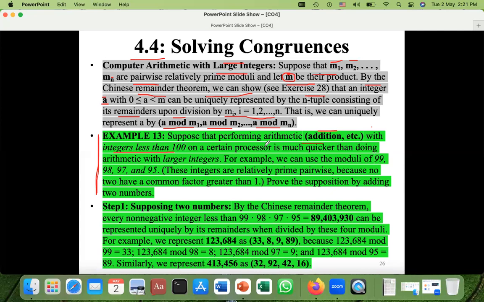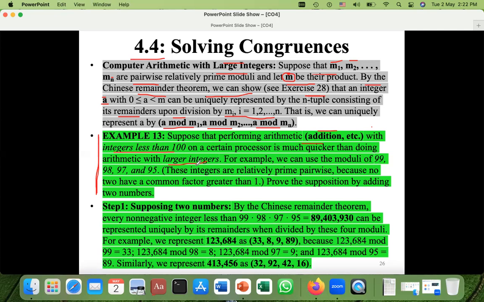And if the arithmetic operation is with large integers, then you can understand that the arithmetic operation with small integers would be much faster than with these large integers.